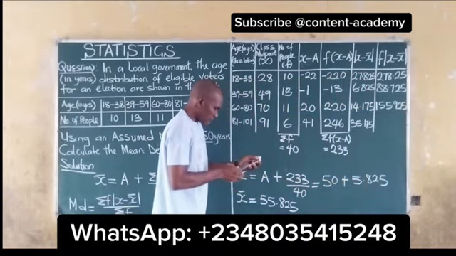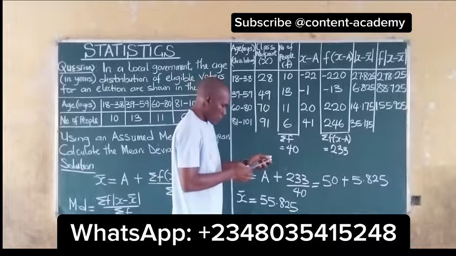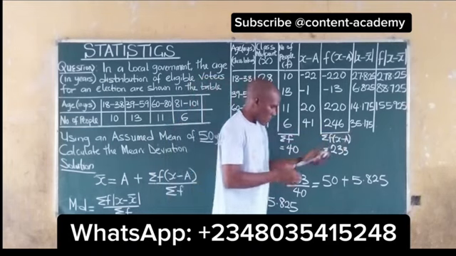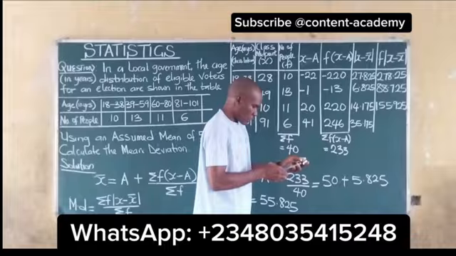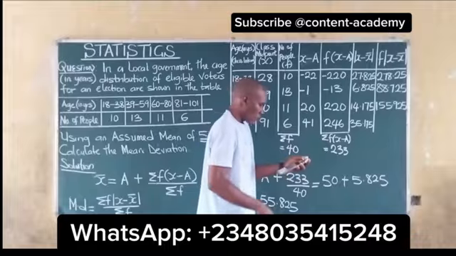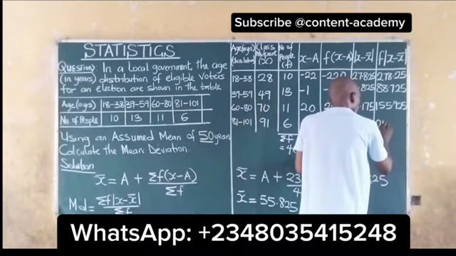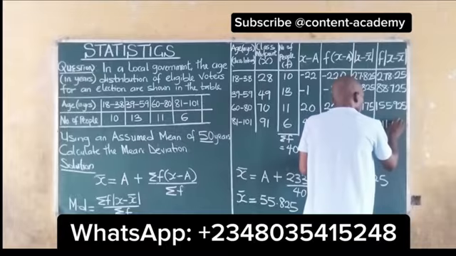Then we have 6, which is the last one, multiplied by 35.175. We have 211.05.